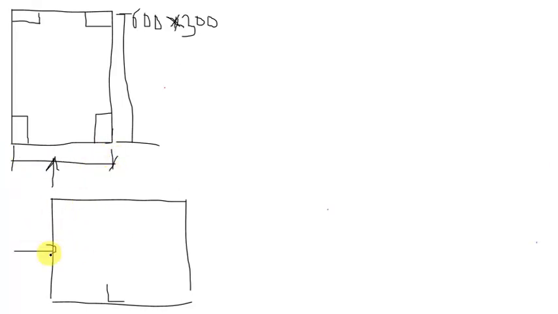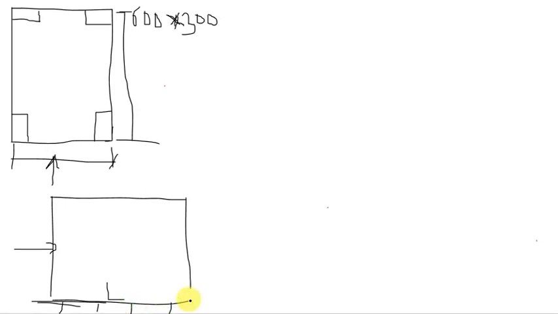That means if wind is acting from this direction, this building will behave like a cantilever. How does a cantilever behave? Suppose we assume that it is fixed at the bottom here, then this building will tend to bend in this manner to resist that wind load.